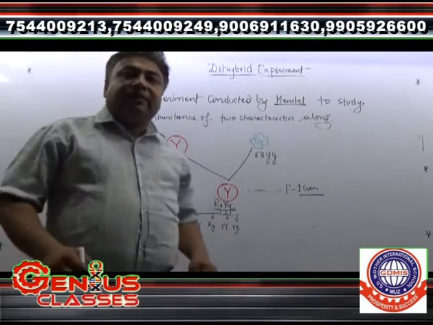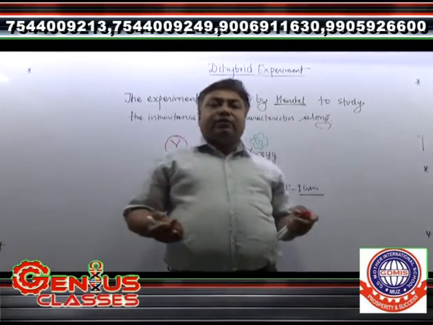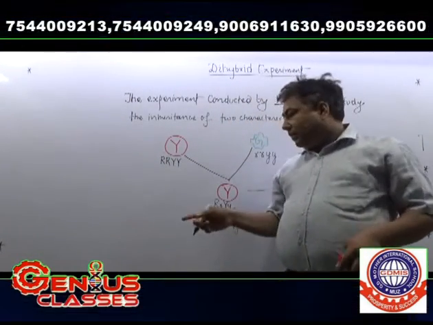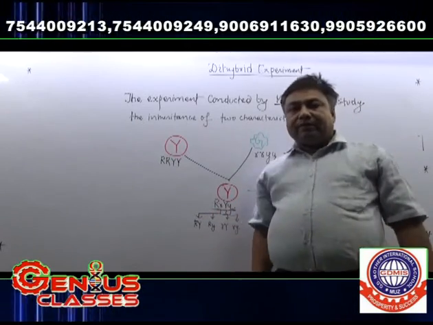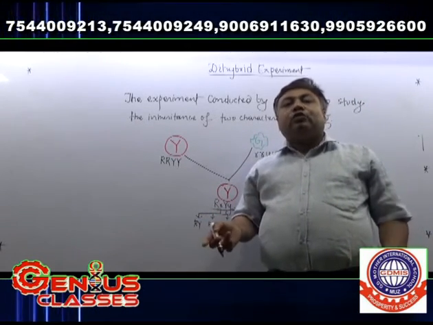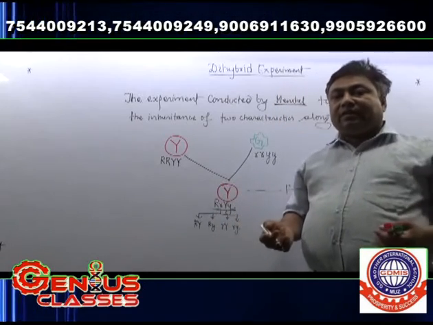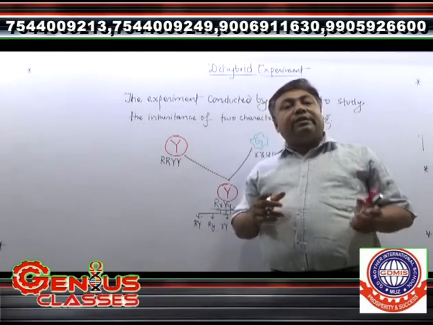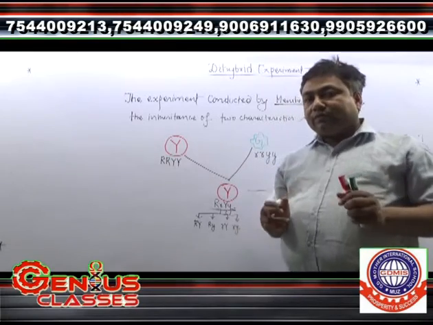This will be the gamete for F2 generation. F1 generation will produce these gametes in male as well as female. So what will be the probability of progeny? That we will find with Punnett square box.